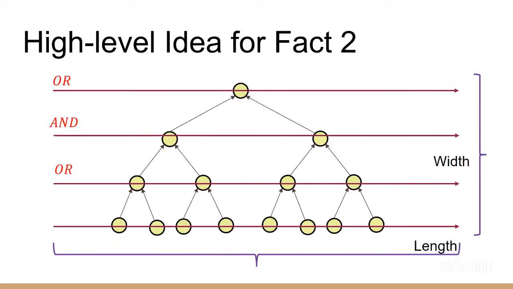Okay, so this is the idea. Now each row, so again, this is the length, this is the width of the read-once branching program. I have not constructed the read-once branching program. These do not actually represent the nodes of the read-once branching program, but this picture is representing that each row in a read-once branching program represents a depth of the read-once Boolean formula.